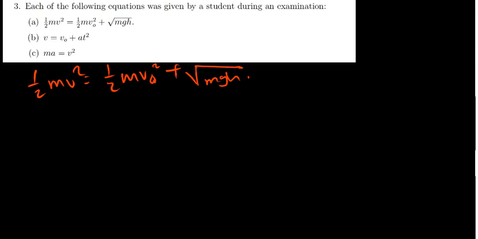Apart from that, what else? If you want to prove that this is the same as that, you can just get this part only, or you can get this part only. So which part do you want us to get?